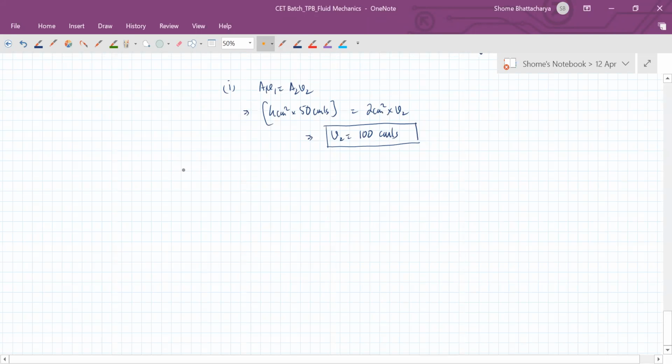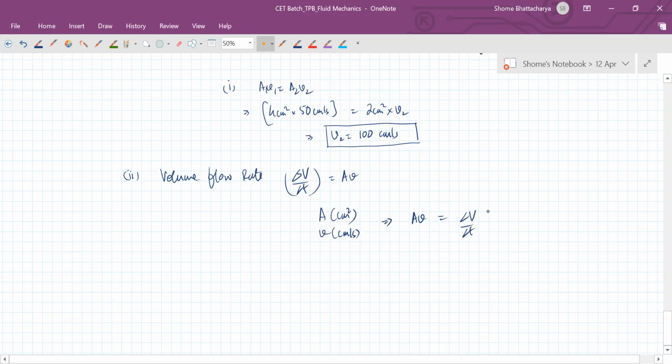So volume rate of flow, delta V by delta T, is given by area of cross section into velocity, because area of cross section is in centimeters square, velocity is in centimeter per second. So therefore product of area into velocity will give me delta V by delta T in centimeter cube per second.